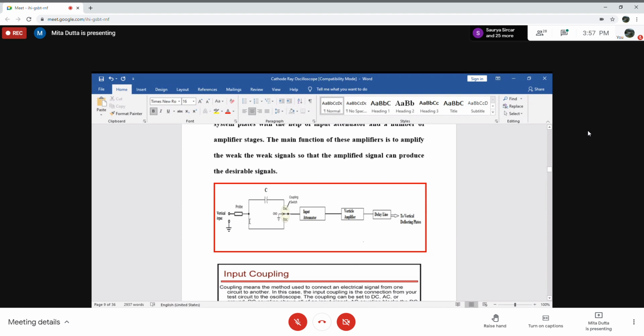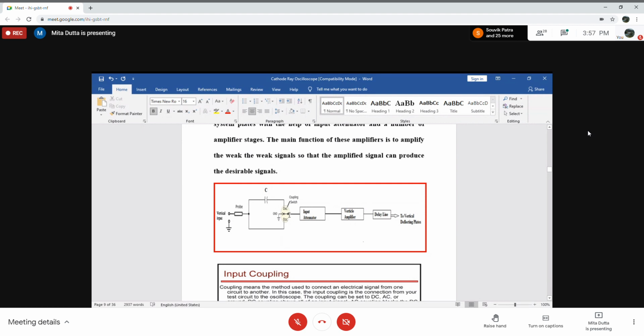Here the input signal is sensed with the help of the oscilloscope probe. If this coupling selector switch is placed in, say, DC position, it is marked AC, GND and DC.